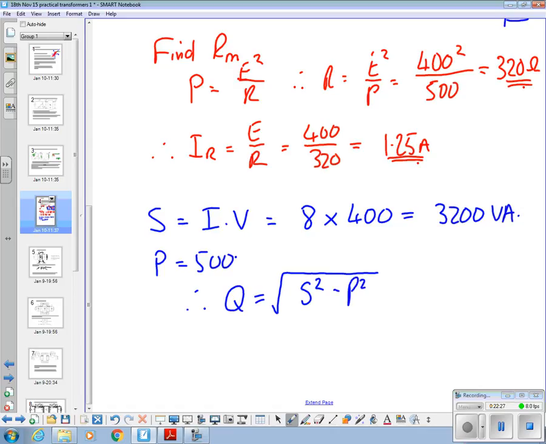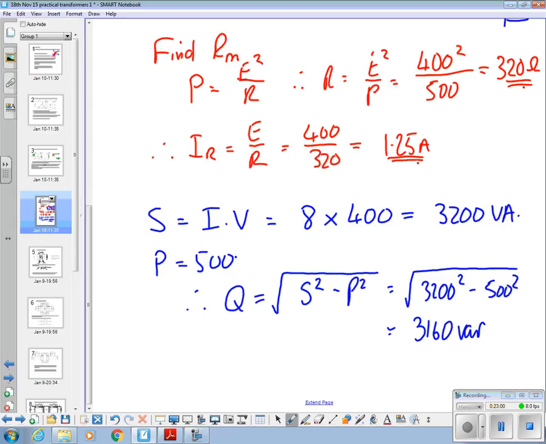So that's 3,200 squared minus 500 squared, and your answer? 316. Mine rounded to 316. I got 3161, but I haven't got to worry about that. That'll do. Yours is right to 3 significant figures. All happy with that?